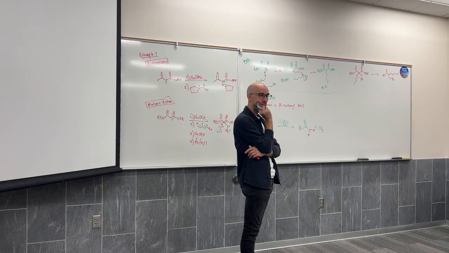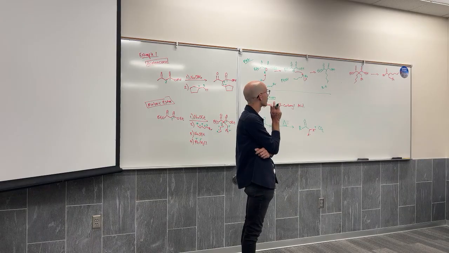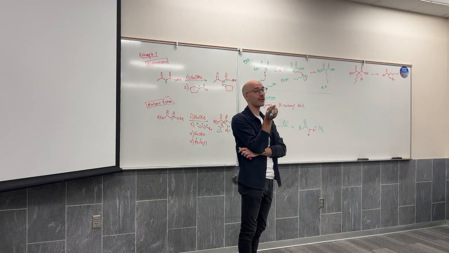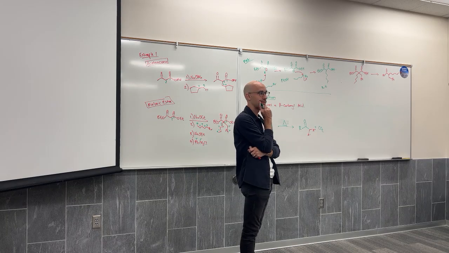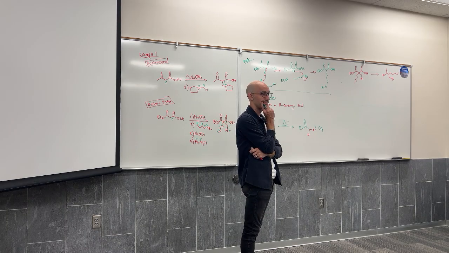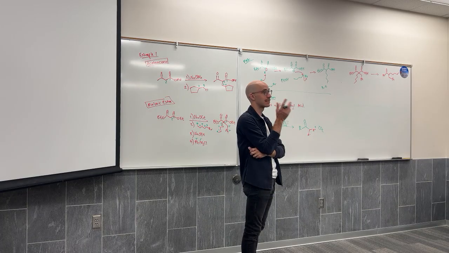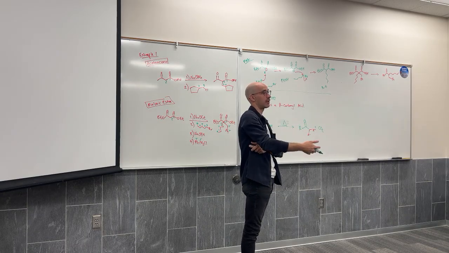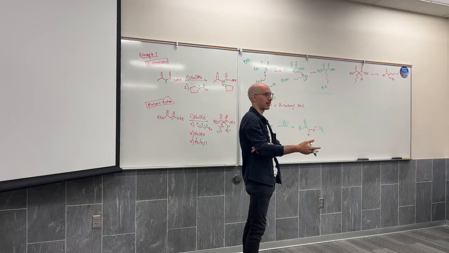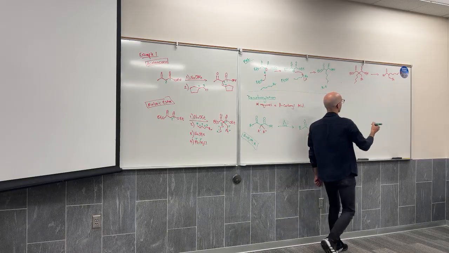Is it either OH or like the same R group as on the ends? No, so I don't want an alkoxide. Actually, wait, this is H3O plus. Yeah, acid catalyzed hydrolysis. I could do saponification, but I would need an aqueous workup after that, an acid workup. So I might as well just do acid the whole time.